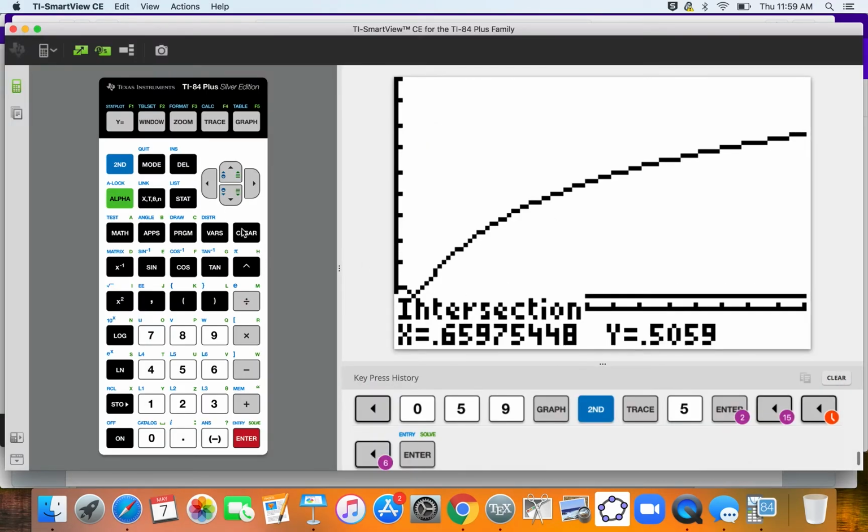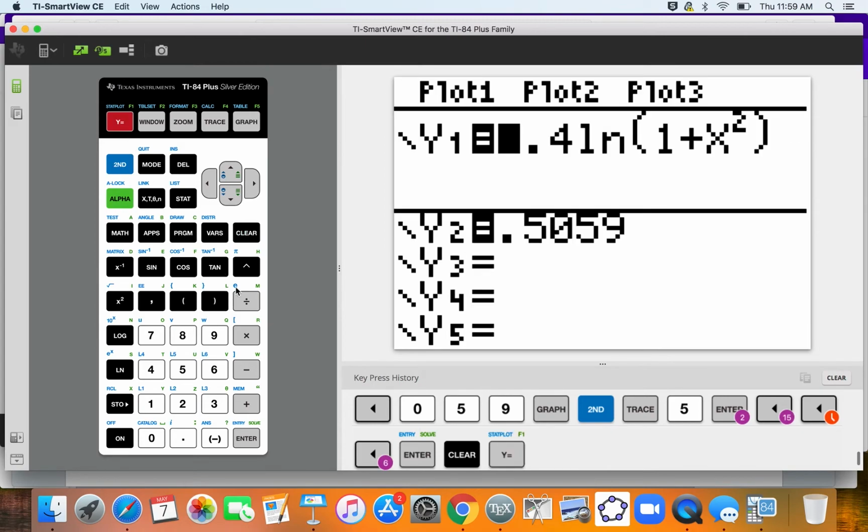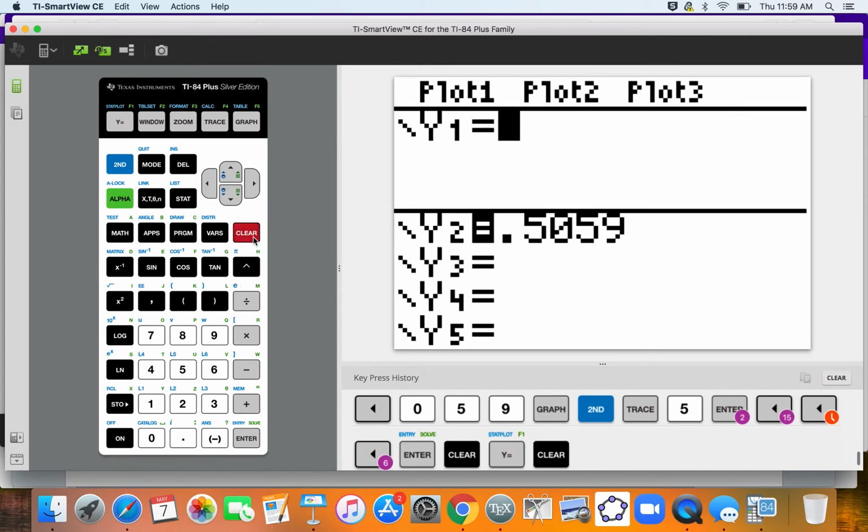So let's see, this one I would want to put my function f here in y1.